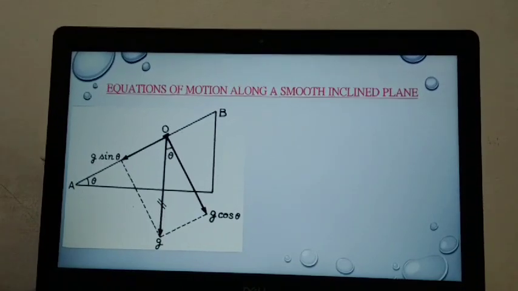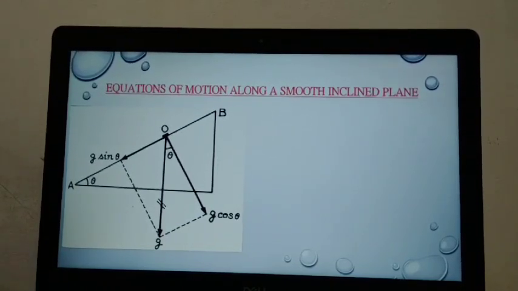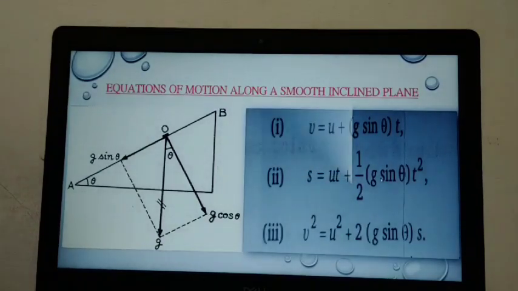So the equations of motion will become: the first equation is v is equal to u plus at. I am talking about the particle sliding down, so a can be replaced by g sin theta. So v is equal to u plus g sin theta into t.